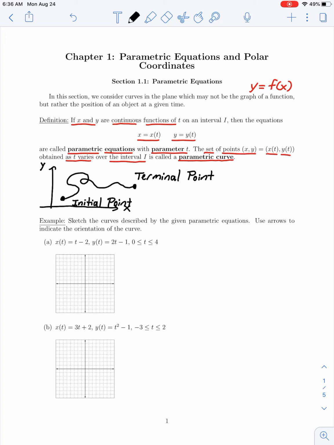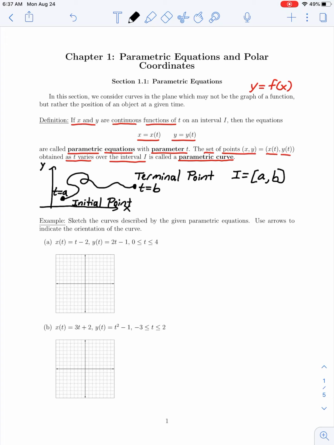So let's say, for instance, if our interval I is some t interval, let's say from a to b, then this initial point would correspond to the value t equals a, and our terminal point would correspond to the last value of t equals b.